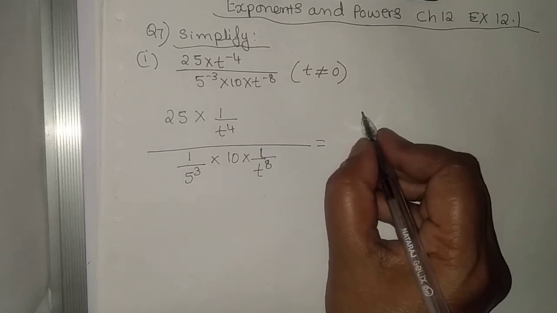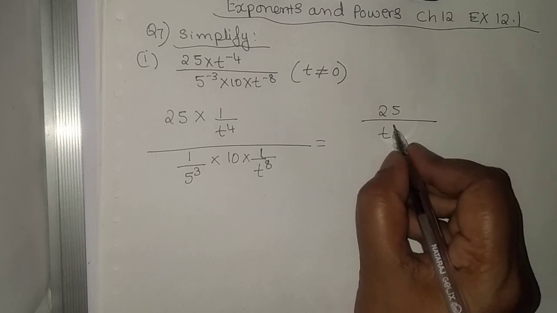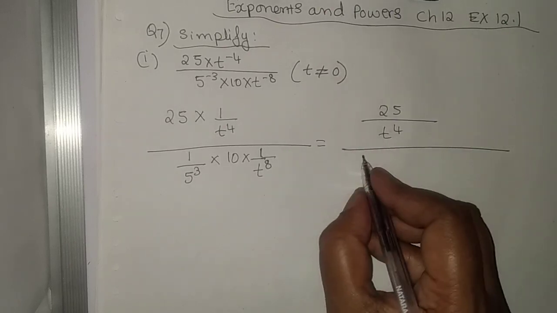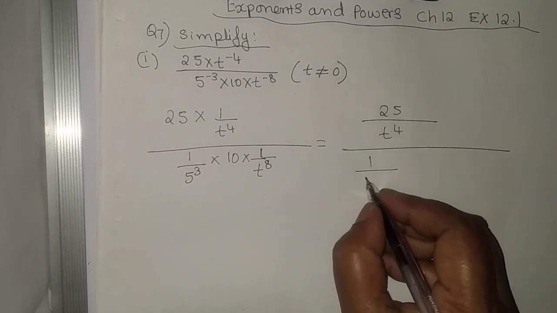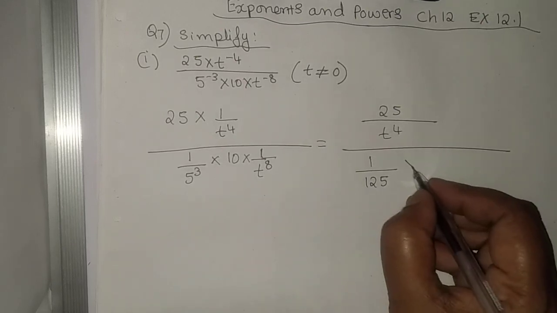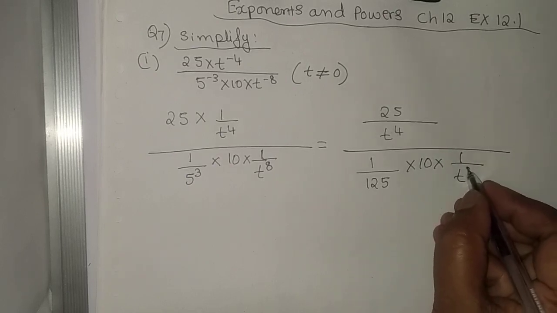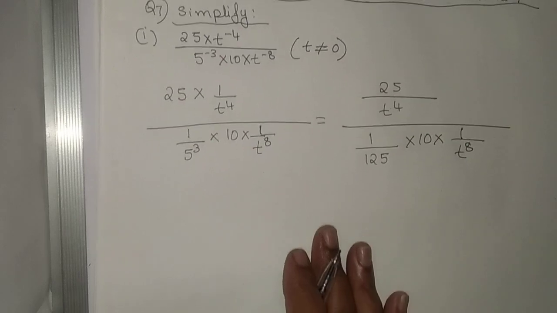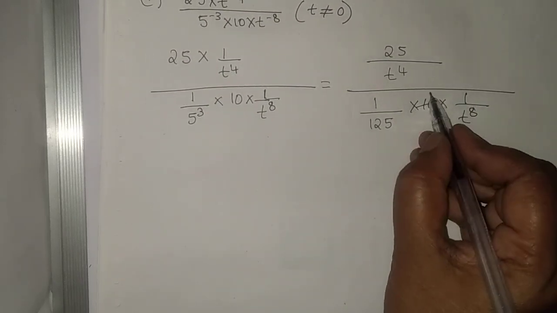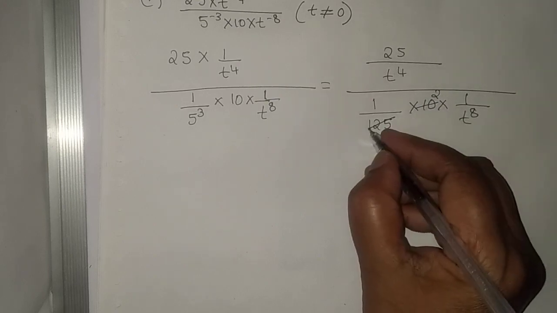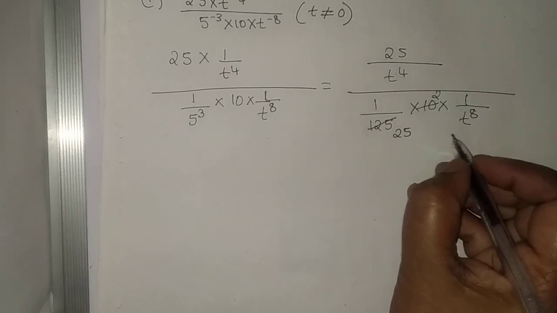Next we can write it as 25 by t power 4, divided by, what is 5 cube? 5 cube is 125, into 10 into 1 by t to the power of 8. Now here we can simplify. 5 2s are 10, 5 25s are 125.